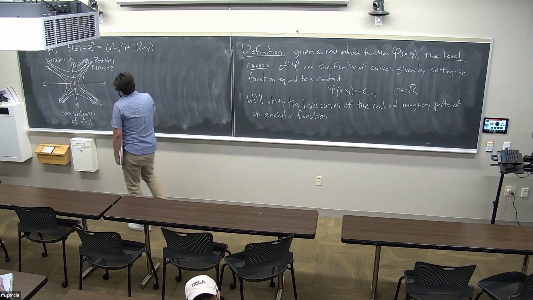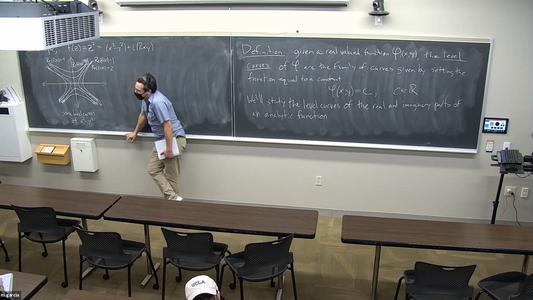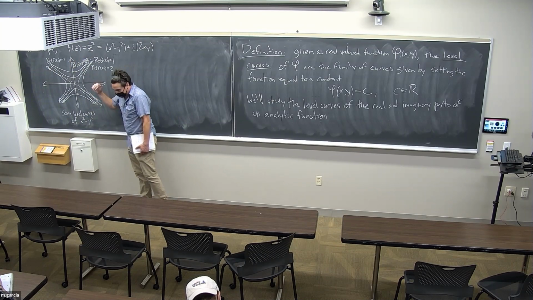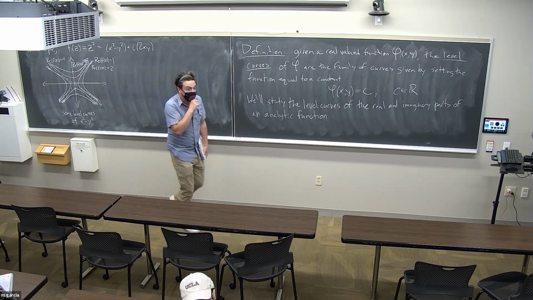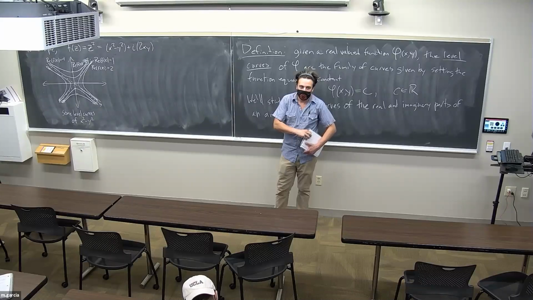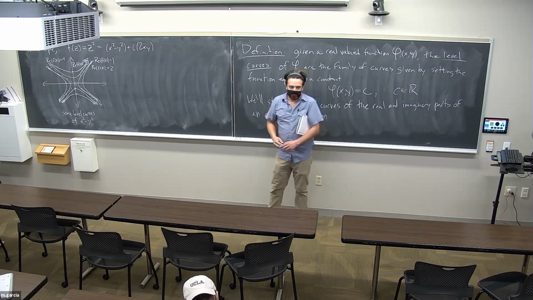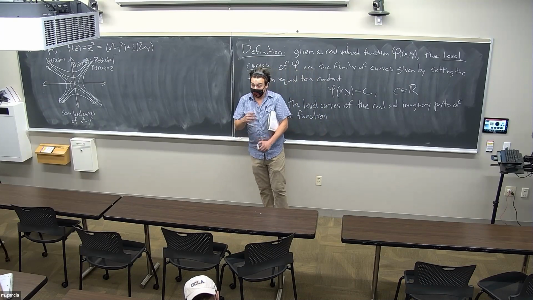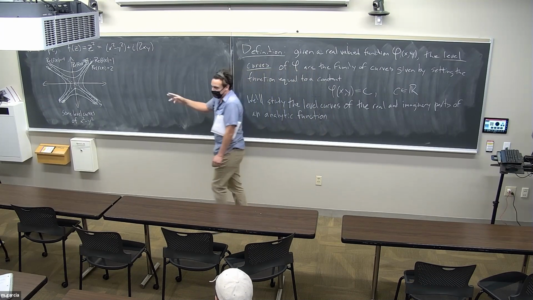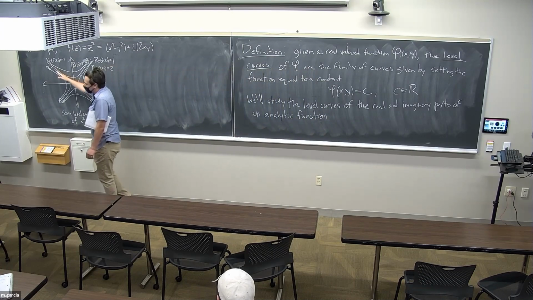Just one thing to point out here. I don't know if we'll actually come back to this, but what's the level set at the real part of f of z equal to 0? What level curve do I get there? Wouldn't you get the asymptotes? Yeah, exactly. You just get the pair of lines with slope -1 and 1.